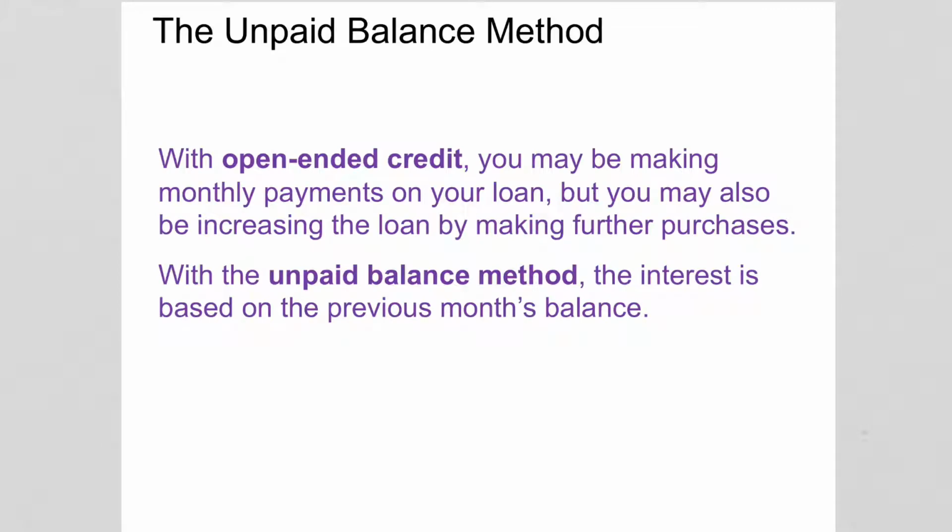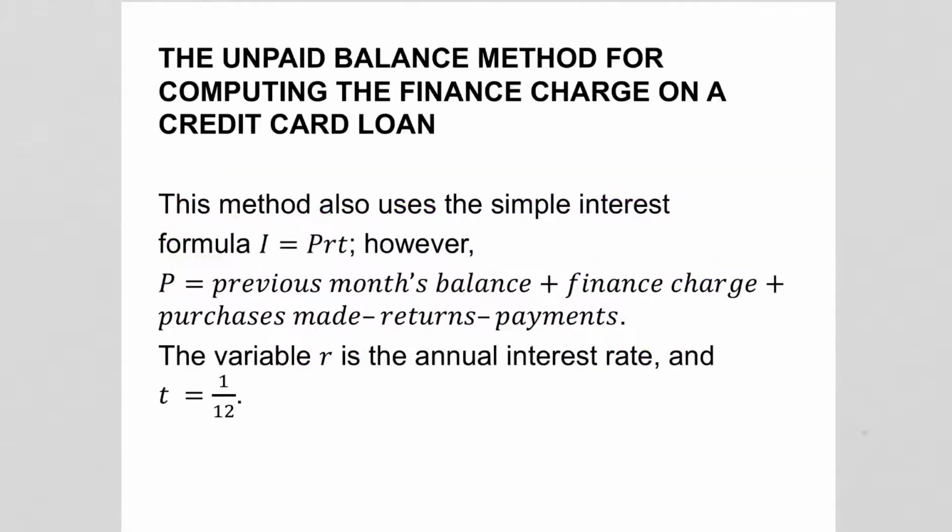The unpaid balance method. With open-ended credit, like a credit card, you may be making monthly payments on your loan, but you may also be increasing the loan by making further purchases. With the unpaid balance method, the interest is based on the previous month's balance.